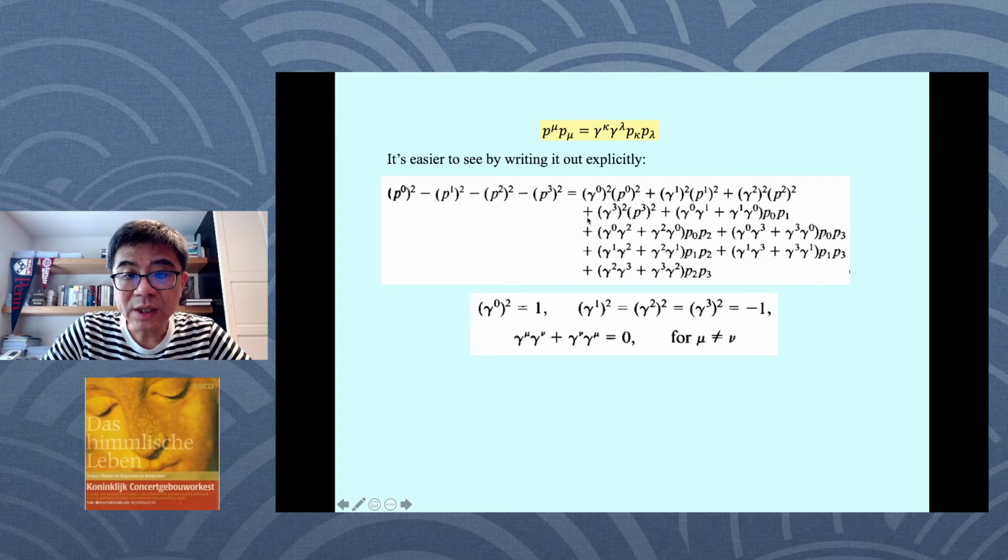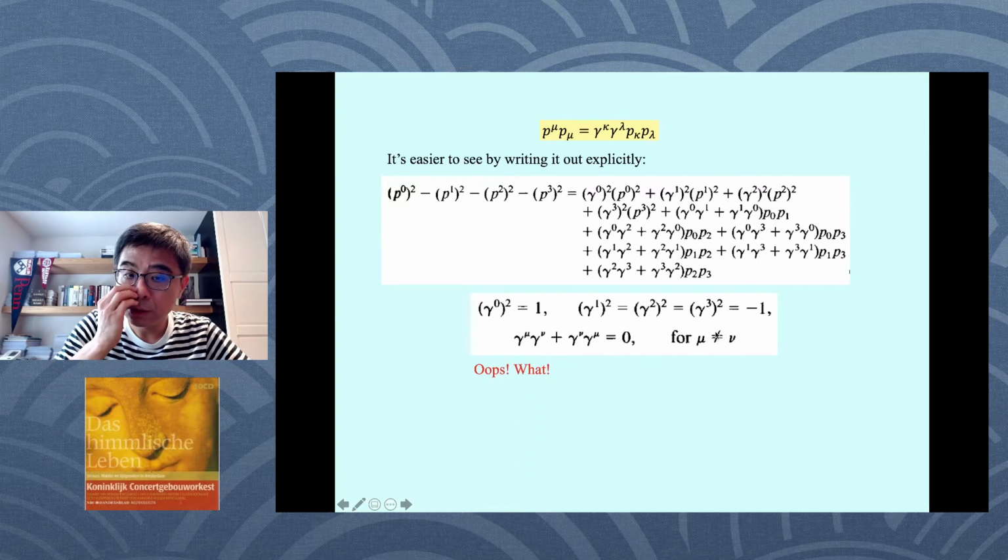And then all the other cross terms must vanish, because on the left-hand side, there are no cross terms. Therefore, gamma 0 gamma 1 plus gamma 1 gamma 0 must be equal to 0, and all the other terms are the same. That means gamma mu gamma nu plus gamma nu gamma mu must be equal to 0 for mu and nu that are not equal.